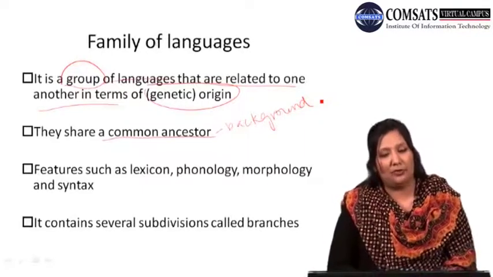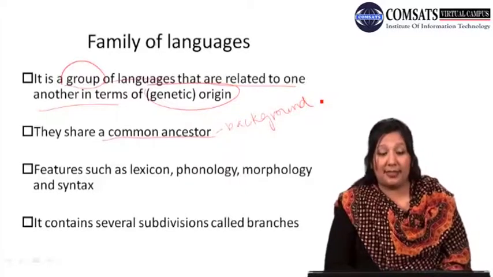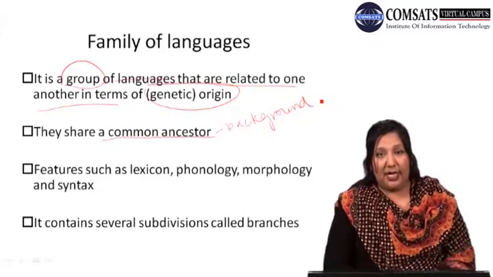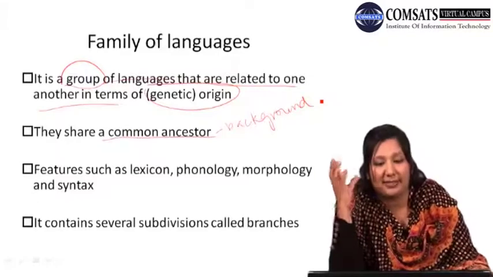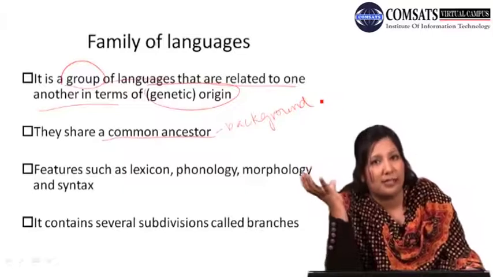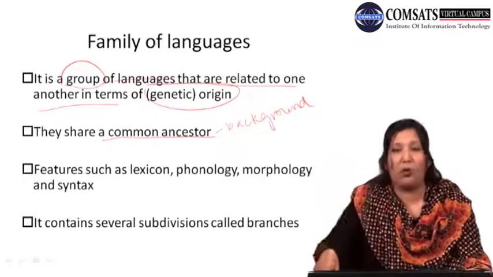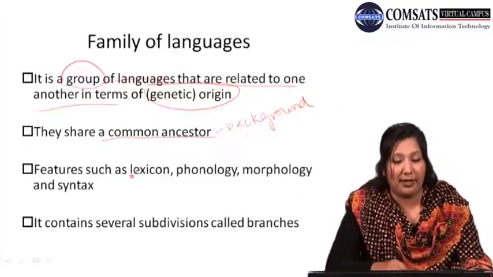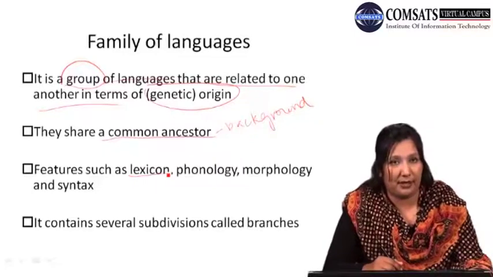Features such as lexicon, phonology, morphology, and syntax. They share not only the same common ancestor, but also almost the same features. All the languages of the world have lexicons. Lexicons are what?